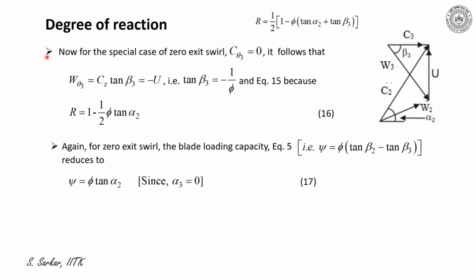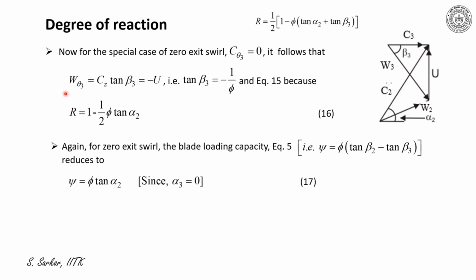Another very interesting case is what happens when the outlet velocity c3 becomes axial. When c3 becomes axial, c theta 3 is equal to 0, and it follows that w theta 3 is equal to Cz into tan beta 3.